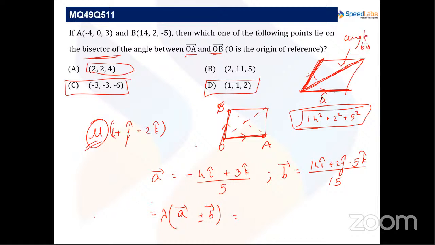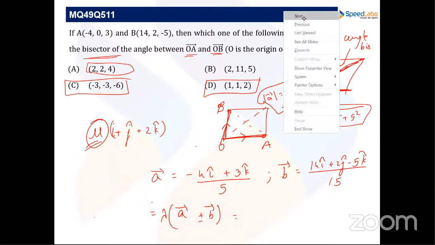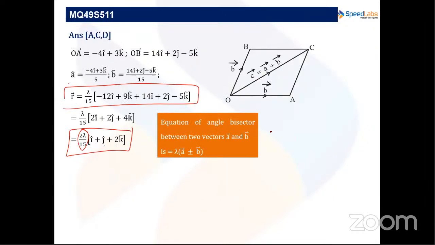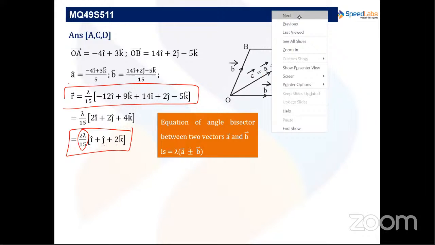For that, the magnitudes of the two vectors should be the same, so it is better to find a unit vector. Going to the next question.